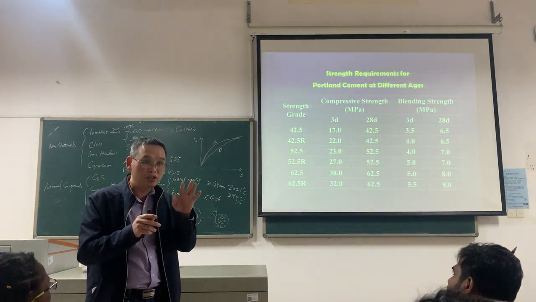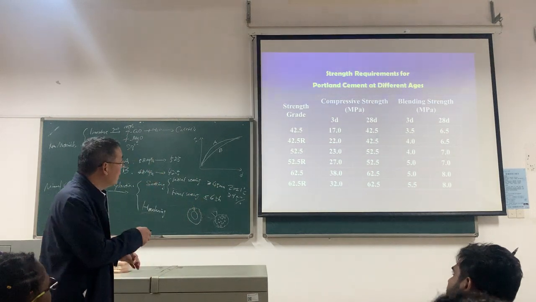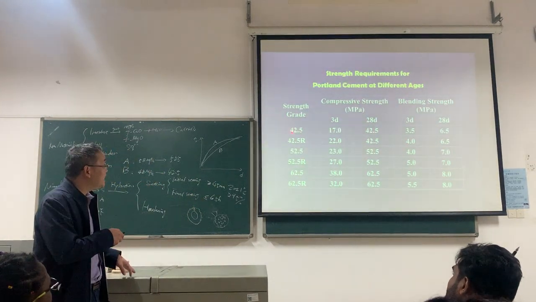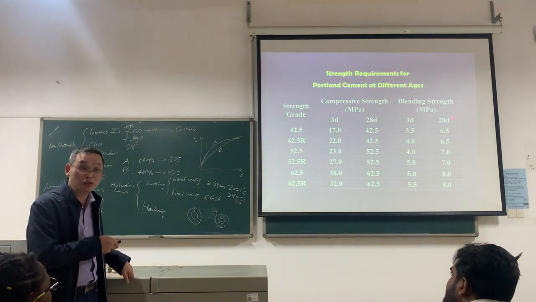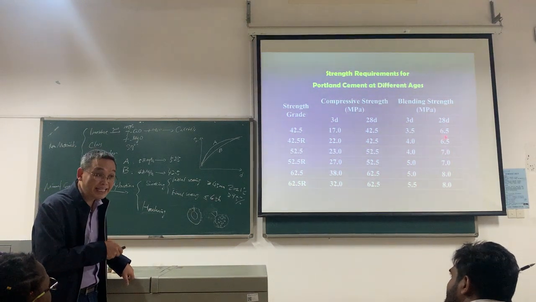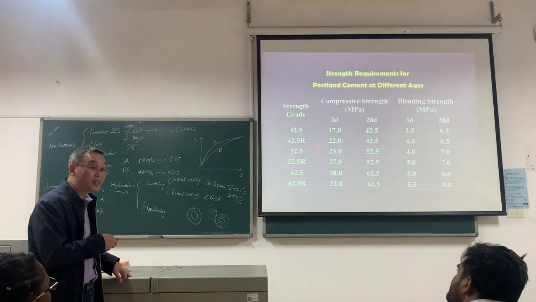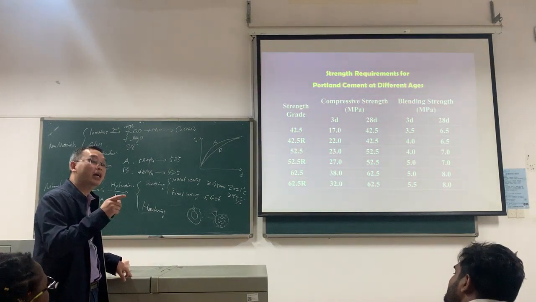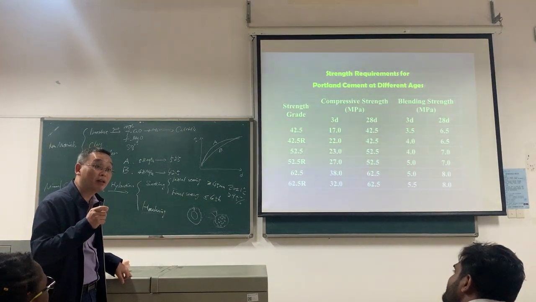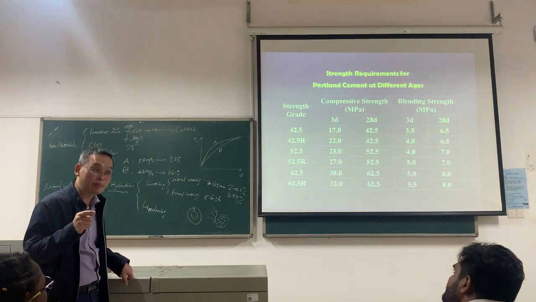There are 3 questions. The first one, you need to know what this number means. It means the compressive strength after 28 days. And then you need to know what the letter R means. It means the early age strength is bigger.